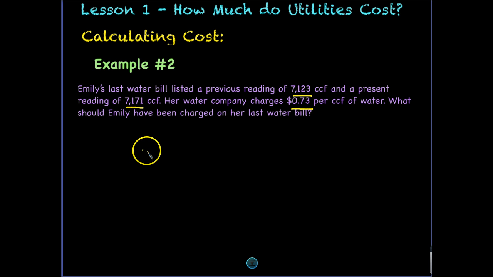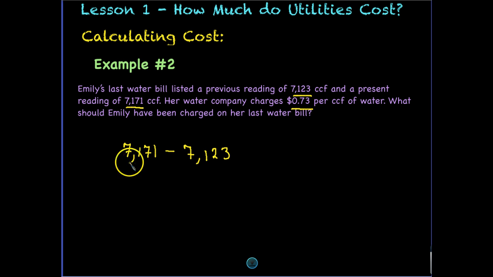So this is much simpler. We just start with her current reading, which is 7,171, minus her past reading, and that will tell us how many cubic feet of water that she used.